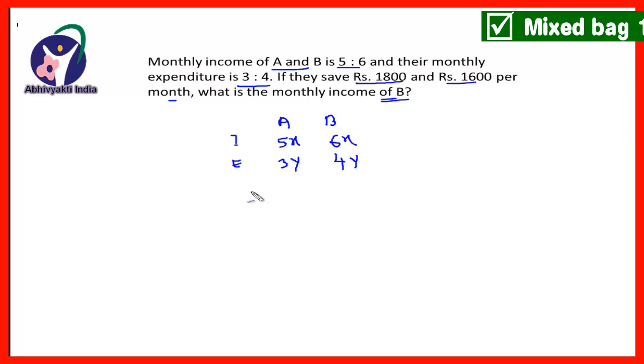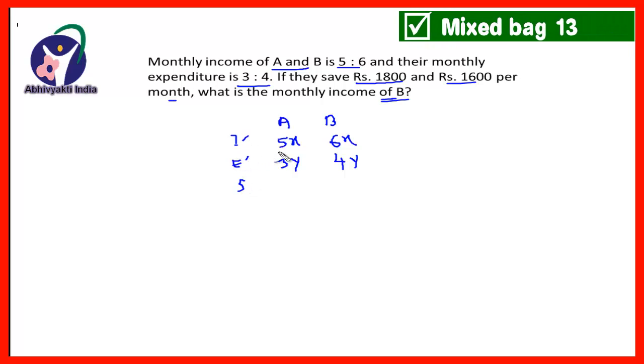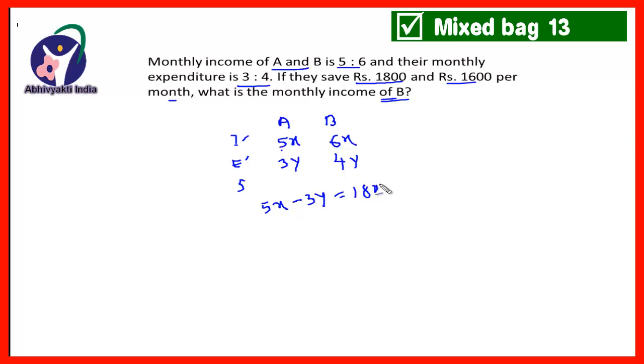Now here we get the saving. Saving is equal to income minus expenditure, that is 5x minus 3y, and A's saving is 1800, so you get the equation 5x minus 3y is equal to 1800. Similarly, 6x minus 4y, income minus expenditure, is equal to the saving, and B's saving is rupees 1600.